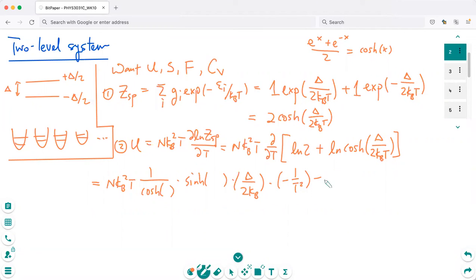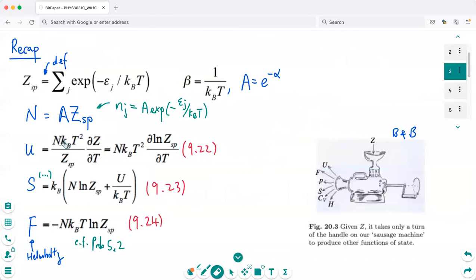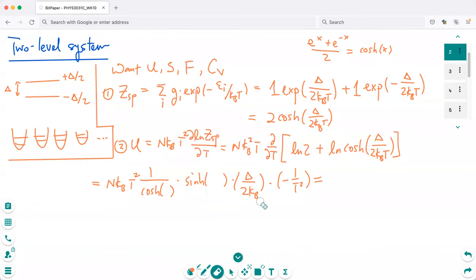This is nkB T squared. Okay, so sorry. Let's check. nkB T squared. Yes, somebody just reminded me 1 minute ago. Thank you to the student who sent me on the chat. Yes, I make this mistake.